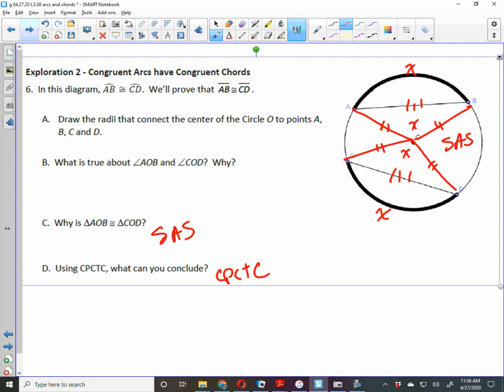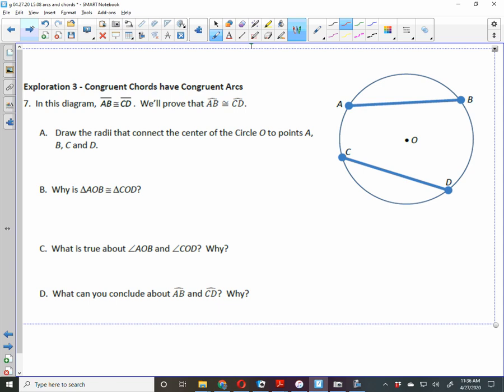Pretty cool. And then they're asking us to do this again. If the chords are congruent, prove that the arcs are congruent. And again, they ask us to go ahead and connect these radii. Right? We know those are congruent, and we know the chords now are congruent. So these triangles are congruent by side, side, side. That's a 3.